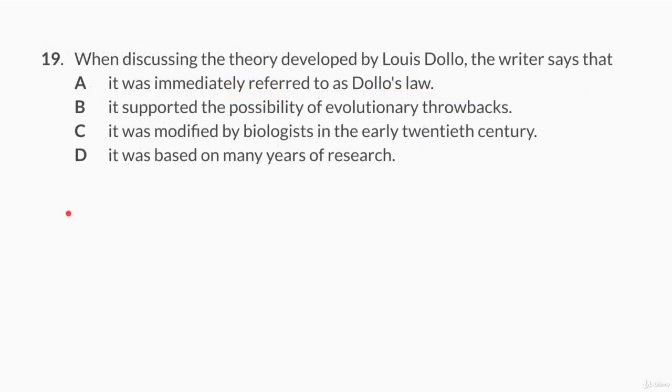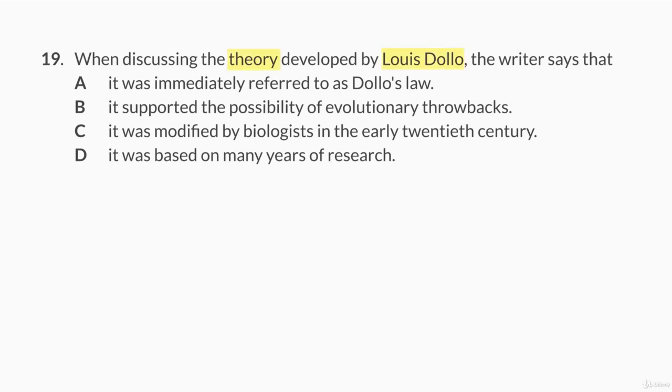Now let's go ahead and start off by answering question number 19. Let's read this question. The question says, when discussing the theory developed by Louis Dollo, the writer says that... So we're trying to find out something that the writer says about the theory developed by Louis Dollo.